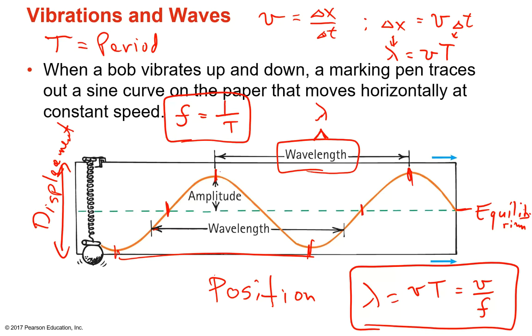The maximum displacement is the amplitude. What do we call the time it takes to do one cycle? Period. What do we call the number of cycles per second? The frequency.